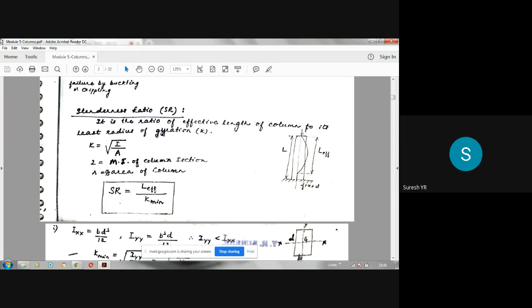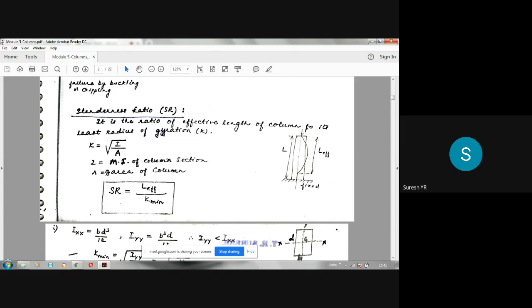Whereas in a rectangular column, moment of inertia will be different because B and D are different. If you take the horizontal centroidal axis as the XX axis, in a rectangular column IXX will be BD cube by 12, whereas IYY, about the vertical axis, will be DB cube by 12.